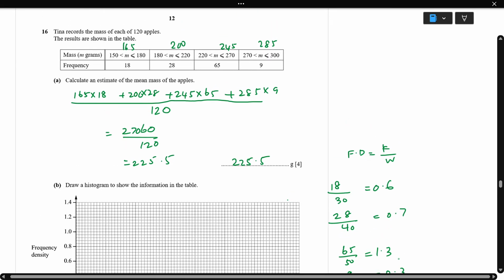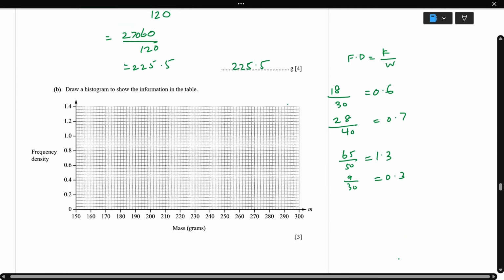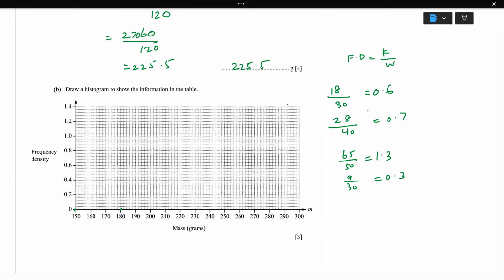Okay, so the first interval is 150 to 180. The height is going to be 0.6. 0.6 is here, and 0.6 is here. So we need to draw with the ruler. So just a little shade here.